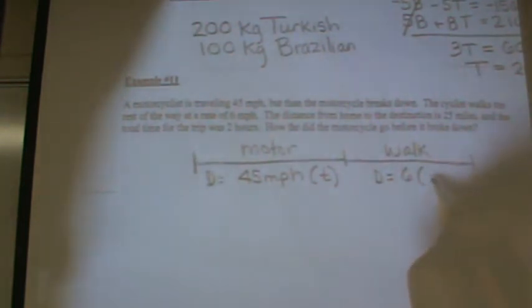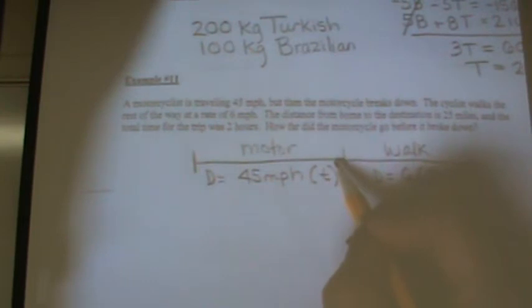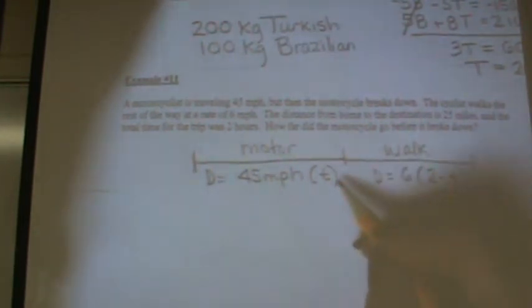Now, if the entire trip takes 2 hours, and we don't know how long we were on the motorcycle, we call it T. How long did you walk for then? If this is T, how much of that time did we walk? 2 minus T. Whatever time we were on the motorcycle, 2 minus that time will be how much time we were walking.